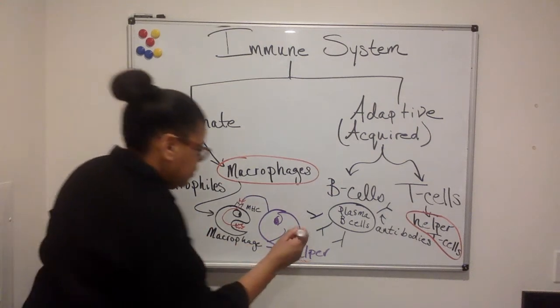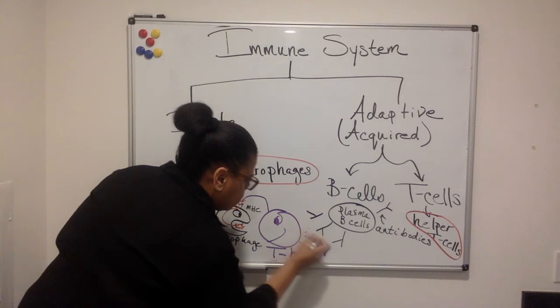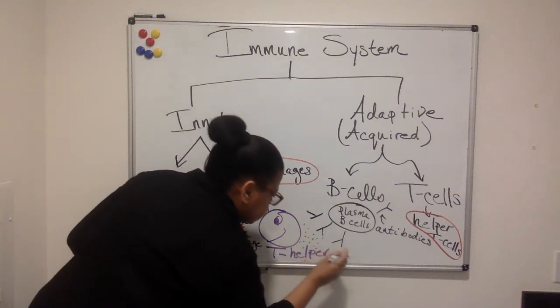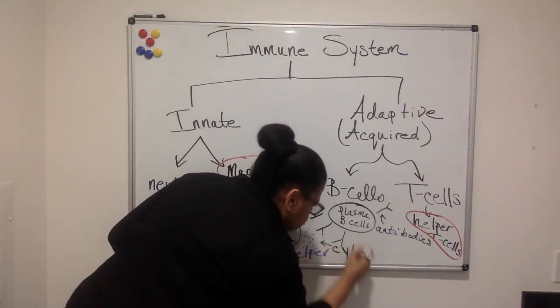And the T helper cell will release these signal proteins once it binds. These signal proteins are called cytokines.